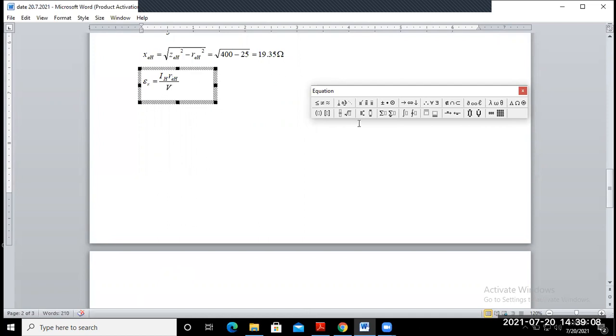Put in the value of IH you already found in the previous equation.